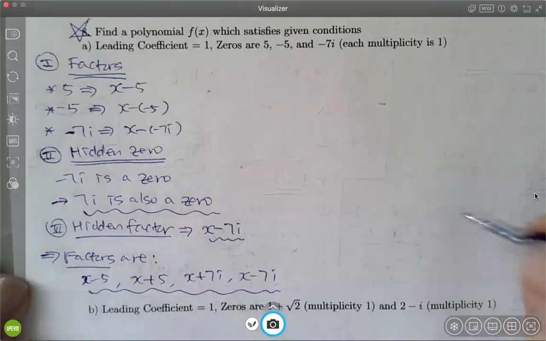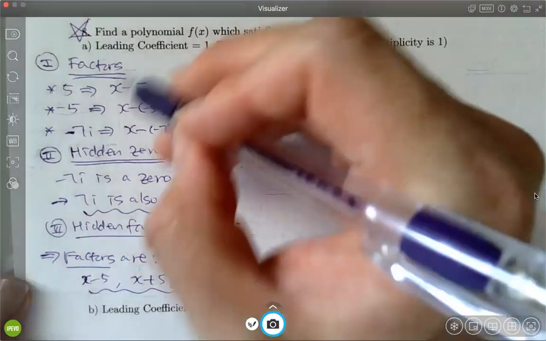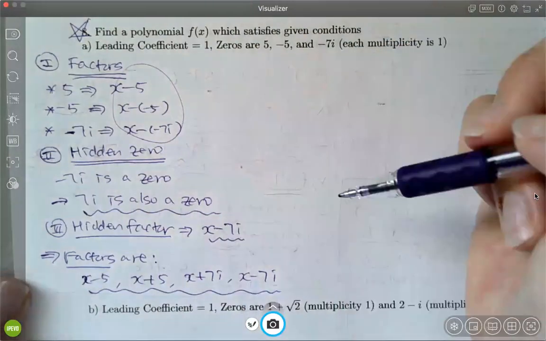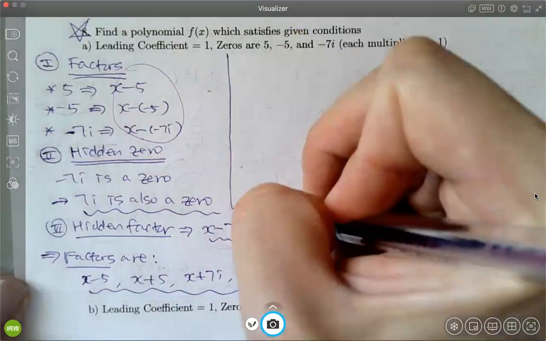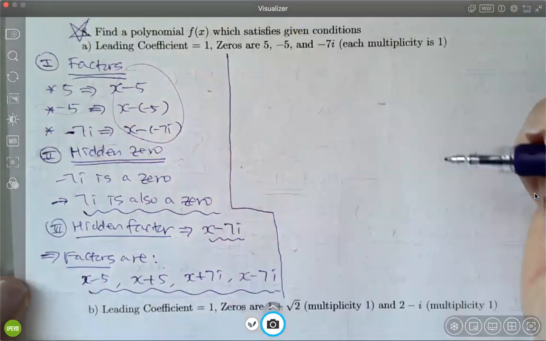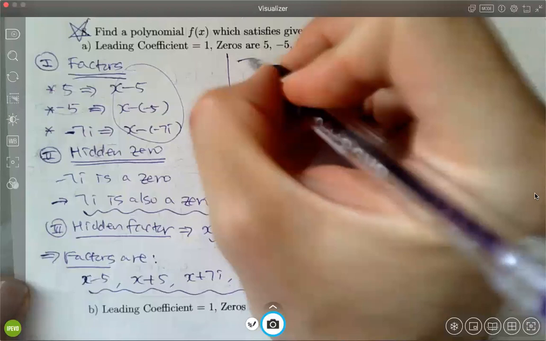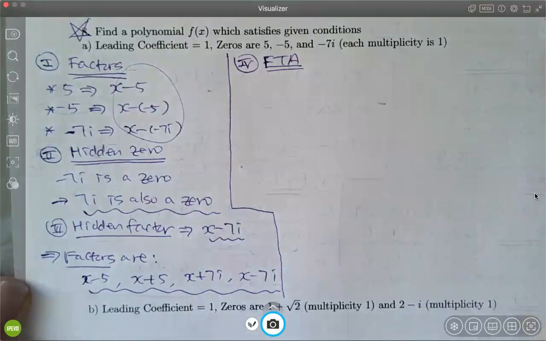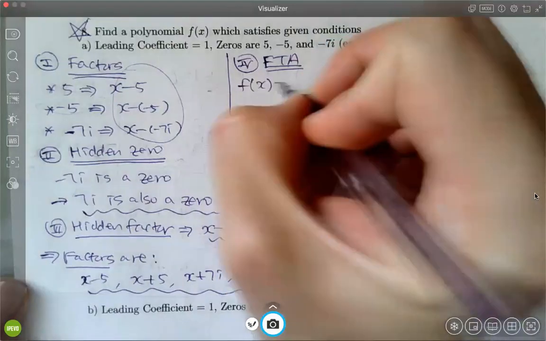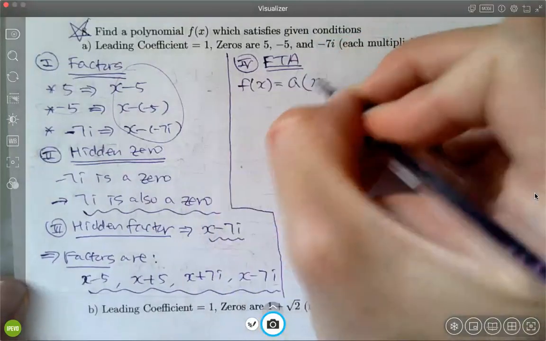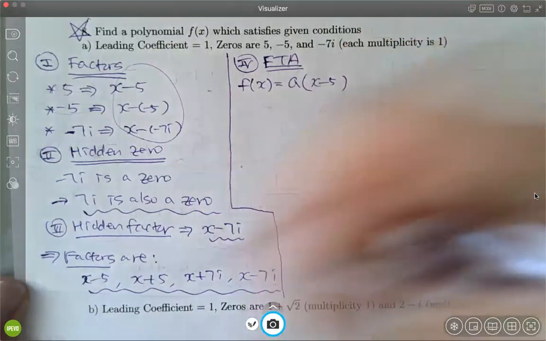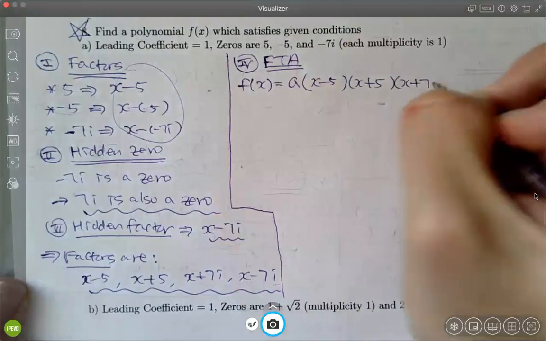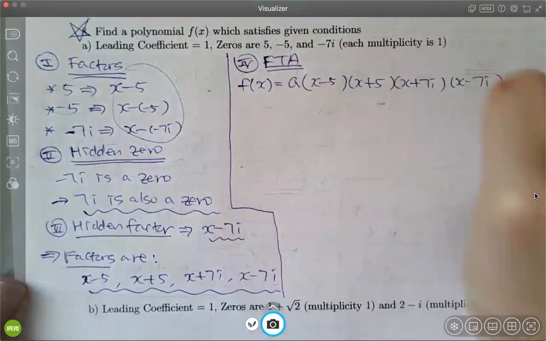Once again, you should not conclude these 3 are the factors, because there is a hidden 0 which you can get another hidden factor. Okay, and now what do we do? The fundamental theorem of algebra. So FTA says f of x is equal to a times the multiplication of these 4 factors, x minus 5, x plus 5, x plus 7i, and times x minus 7i.